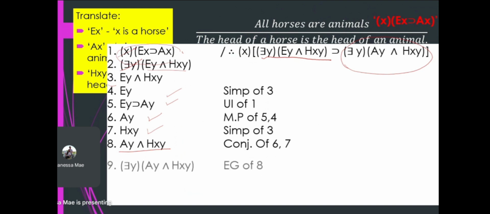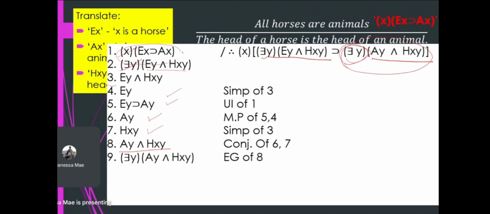And then the next step, since we have this already, we can obtain that one by EG, existential generalization of 8. Then, in the steps of proving the validity of our argument, by EI, existential instantiation of 2 to 3 to 9, we come up with our conclusion.